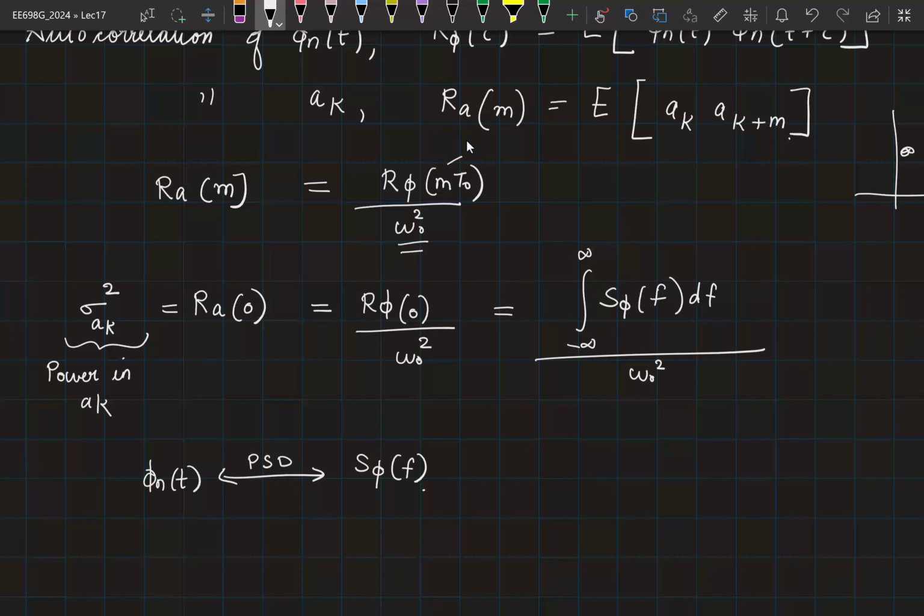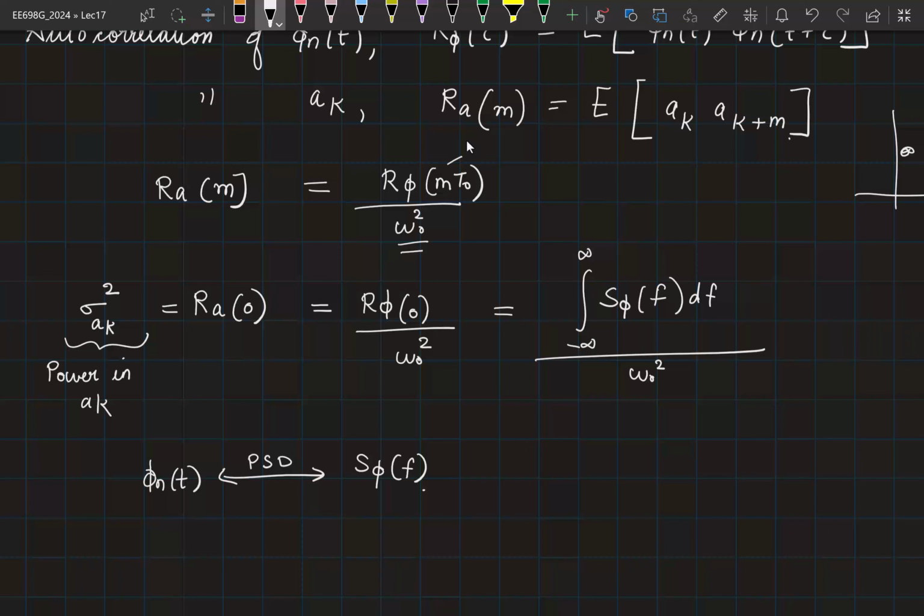But where do you foresee the usage of such a relationship? Basically integrating S phi of f and then calculating the power in jitter sequence. It's hard to measure the individual jitters, so you just have the phase noise expression. You can get the jitter.